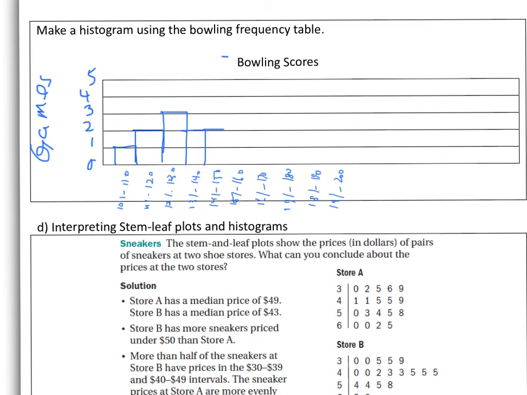The same goes for the next interval. And between 151 to 160, we have 3 scores. 161 to 170, we have no scores. 171 to 180, we have 1 score. And the next interval would have none. And the last interval, again, 1. And that's how you draw a histogram.